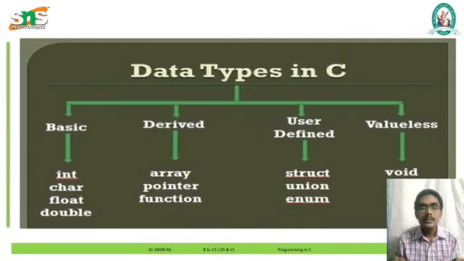Here is the classification of data types in C. Basically, there are four major categories of data types. The first is basic, the second is derived, the third is user defined, and the fourth is valueless or void.